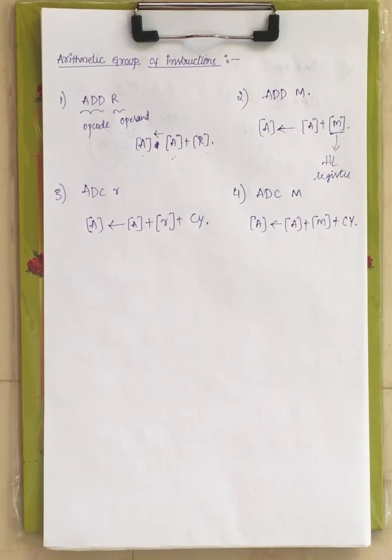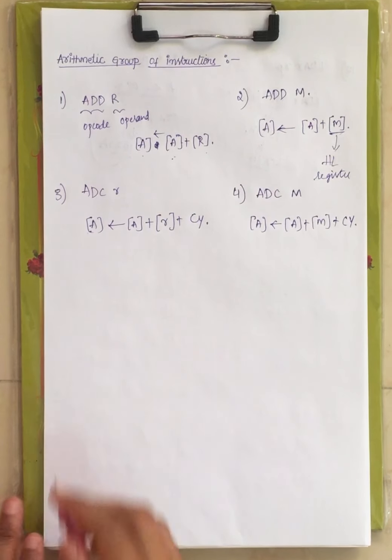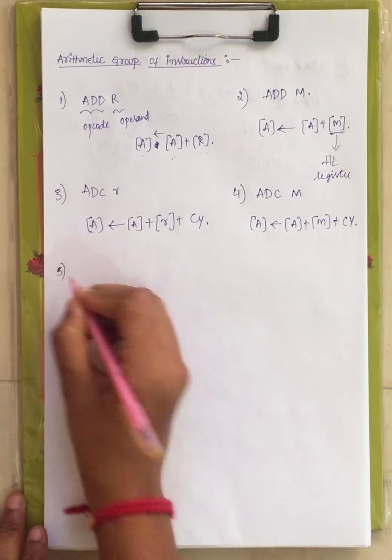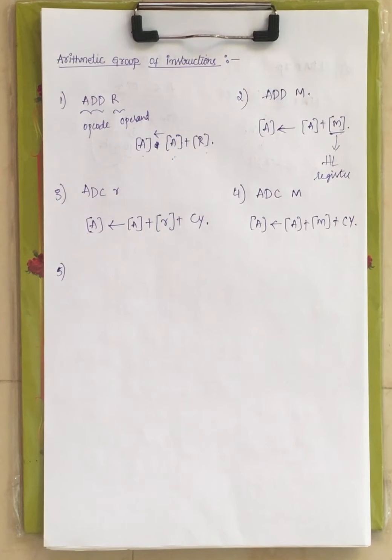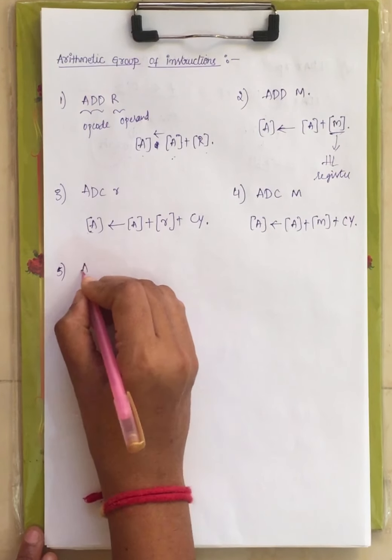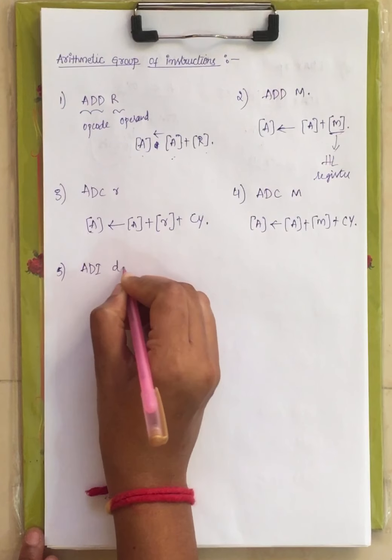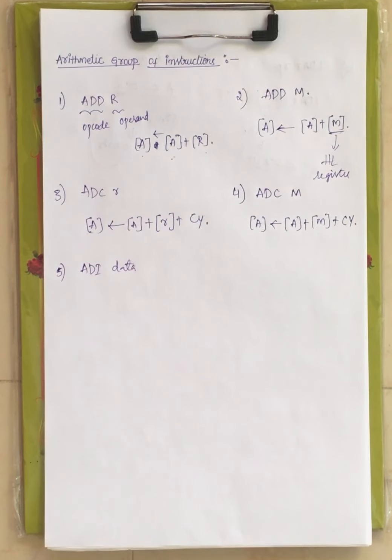ADD means you are just adding the contents, and ADC means adding the contents along with carry. This is the fourth instruction. Now coming to the fifth instruction, we have ADI data, which indicates add immediate data.